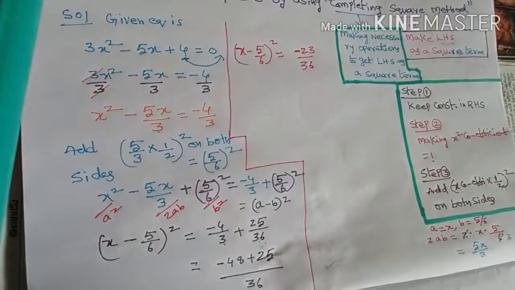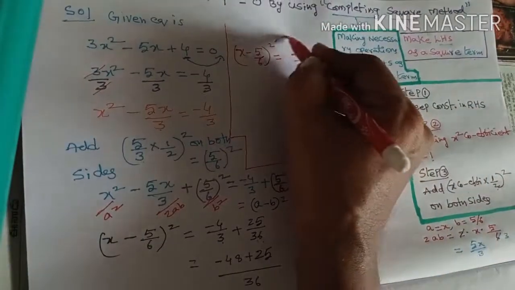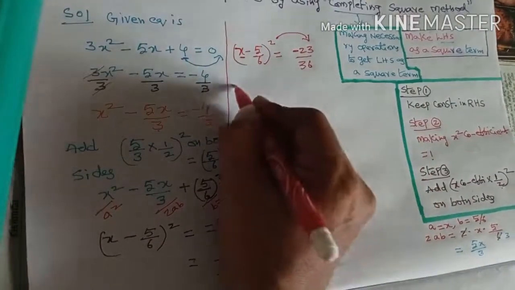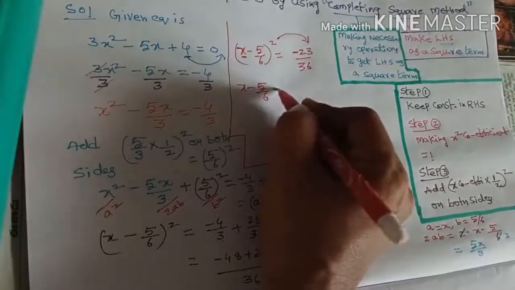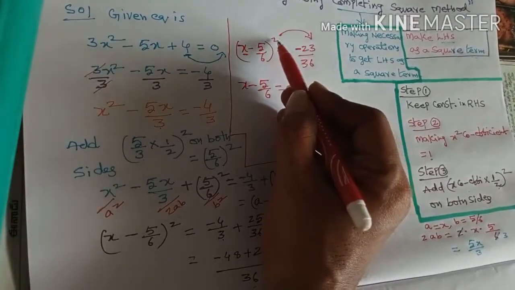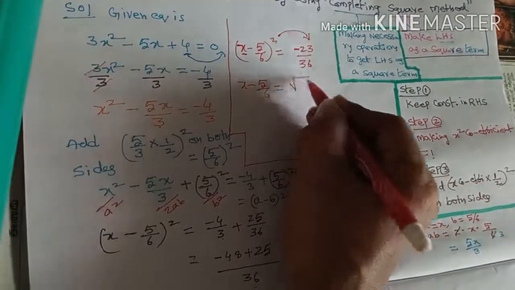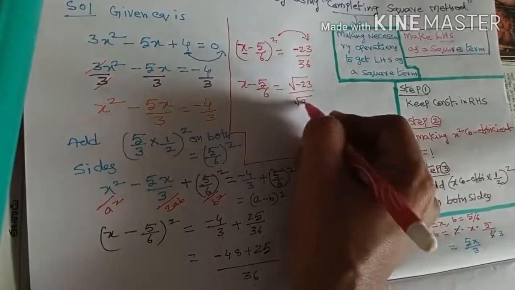Thereafter you have to transpose this square to RHS, because you have to find the value of x. Therefore, x minus 5 by 6 is equal to, whenever you transpose the square, it becomes a square root, plus or minus root 23 by root 36.